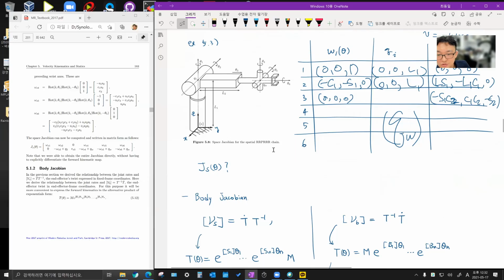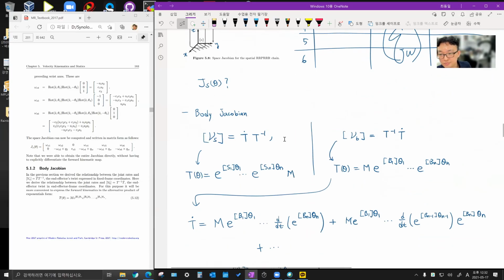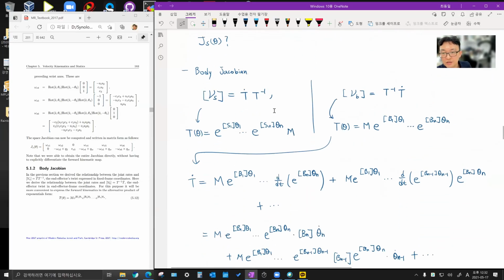And let's continue to the body Jacobian. In the space form of POE, we use this kind of calculation, T dot T inverse. How about the body form of POE?